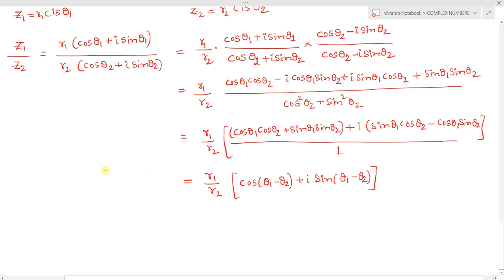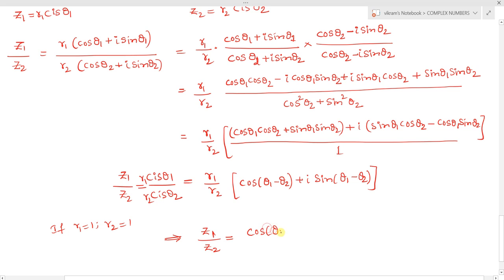So we can write z1 by z2, which is nothing but r1 cis theta 1 by r2 cis theta 2. If r1 equals 1 and r2 equals 1, then z1 by z2 equals cos of theta 1 minus theta 2 plus i sin of theta 1 minus theta 2.